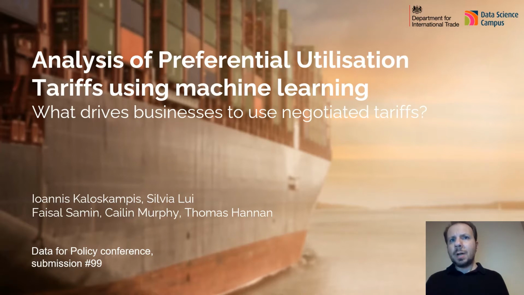In this talk, I will present the work carried out at the Data Science Campus in collaboration with the Department for International Trade to understand how PURs vary across products, firms, and geographical regions, and draw insights regarding the factors which could influence the decision to utilize preferential tariffs.